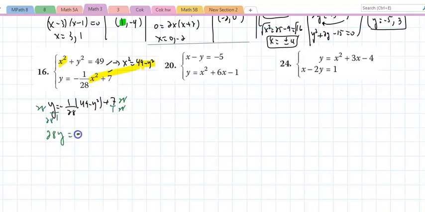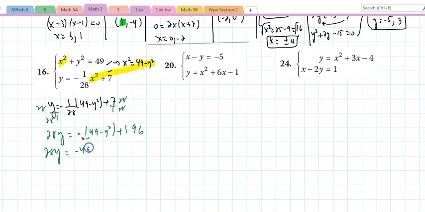28y equals negative (49 minus y squared) plus 7 times 28, which is 196. Okay, big numbers, that's okay.